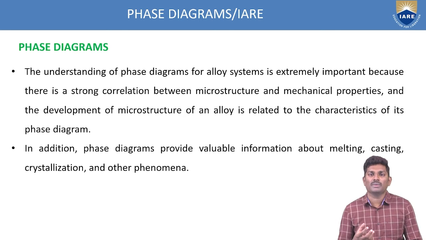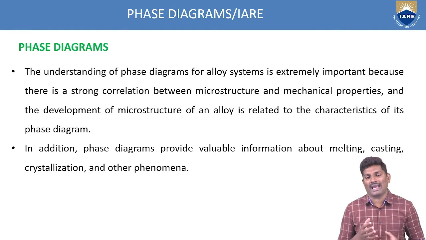That's why one needs to study the importance of phase, because these are interrelated to its properties. As I told, phase diagrams help us to identify the properties, the melting temperatures, the characteristics, even the microstructure of the given material. This is how phase diagrams are very important to us.